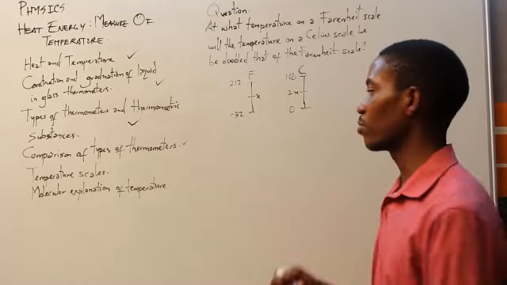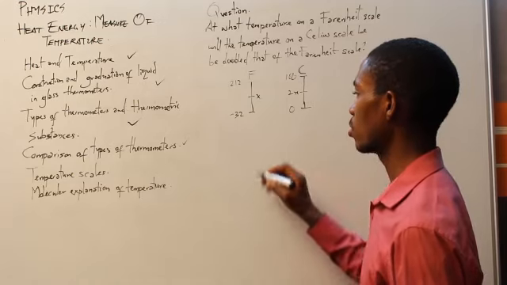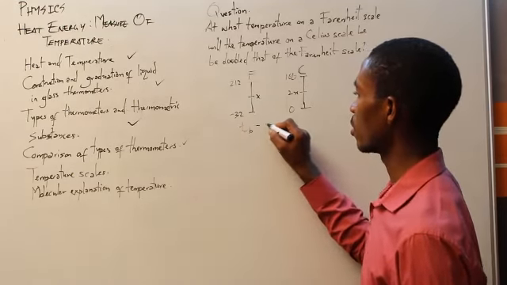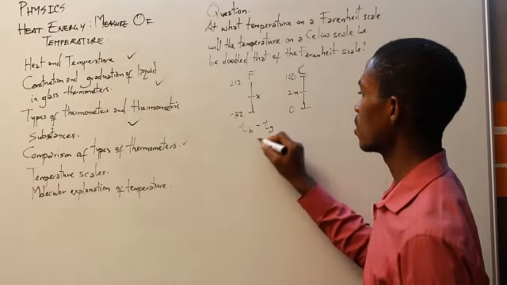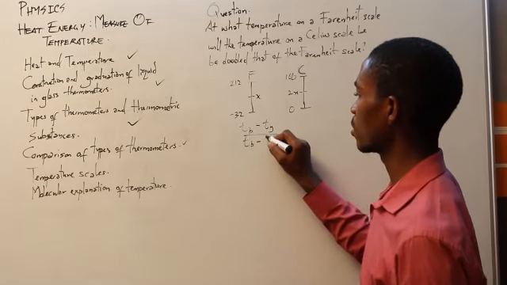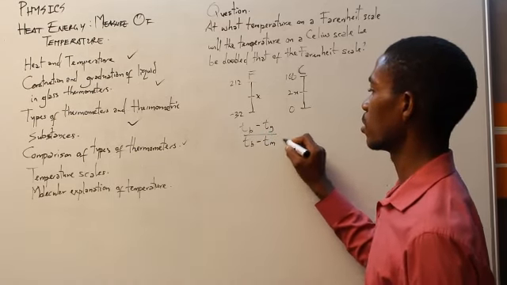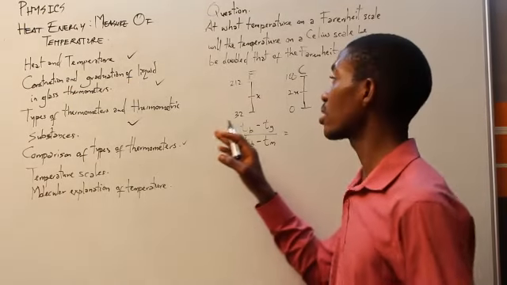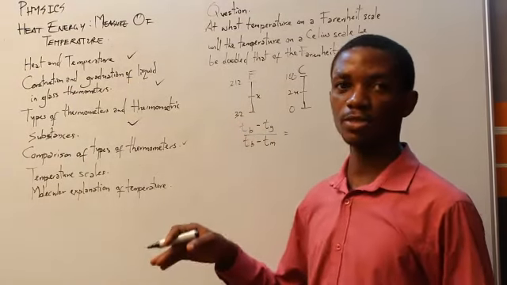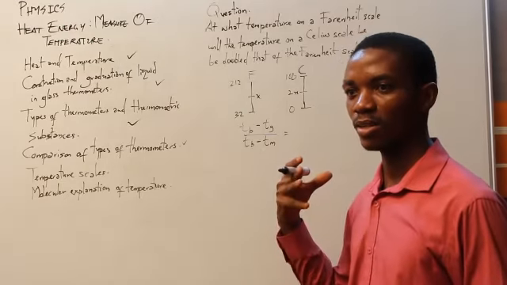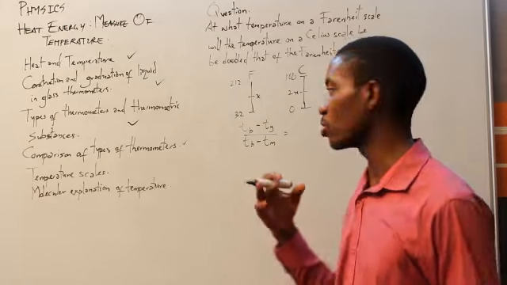Remember, I gave a formula earlier, and that's what I'm working with. I said T of boiling minus given T divided by T of boiling minus T at melting should be equal to our Fahrenheit scale. Rather, it's not minus 32, it's 32 degrees Fahrenheit. An error on my part, sorry.